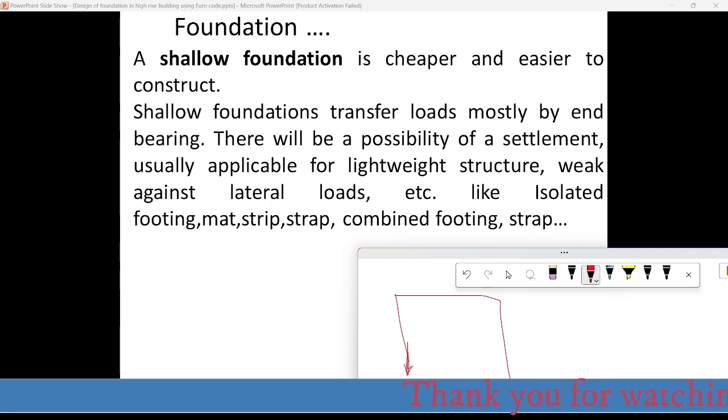The part of the foundation which is in contact with the soil will generate end bearing. So the load will be transferred by using the end bearing system.